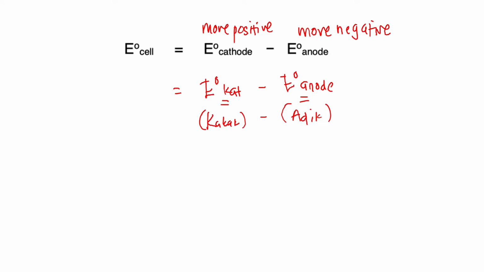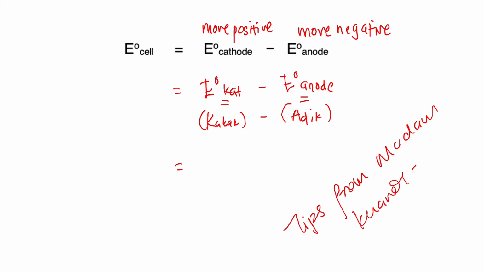Sebab tu, value cathode mesti lebih besar berbanding value anode. Kakak mesti besar daripada adik. Okay guys, this is tips from Madam Carol. Okay, ini tips untuk mengingat sahaja. Iklan sekejap ya.